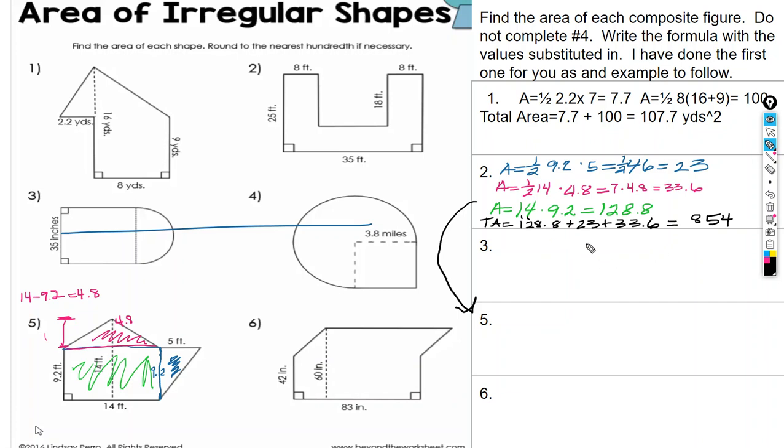Okay, I did something wrong. Apparently I cannot add that way, right? Let me, and then we have 33.6, and oh, so let's add those first. 14, 8, 12, 6, and 1. 23.